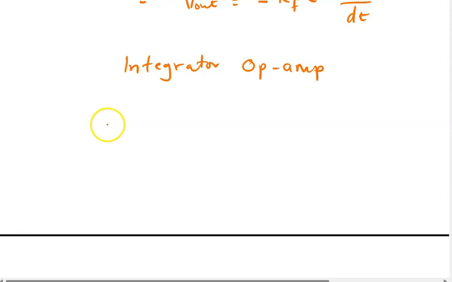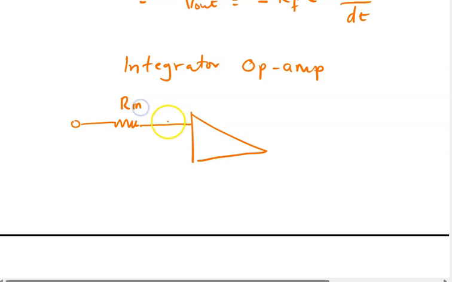With the integrator op amp, we have the resistor being the input, and we have the feedback to be a capacitor, that is C, right? The feedback is a capacitor. So that's the difference between the integrator and the differentiator. The feedback is a capacitor and the input is a resistor.